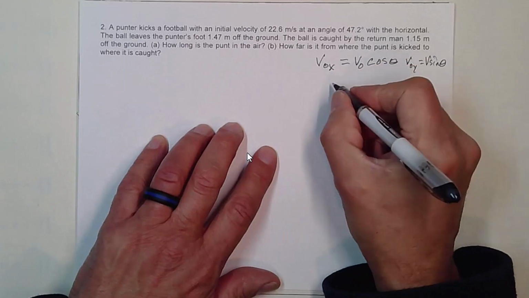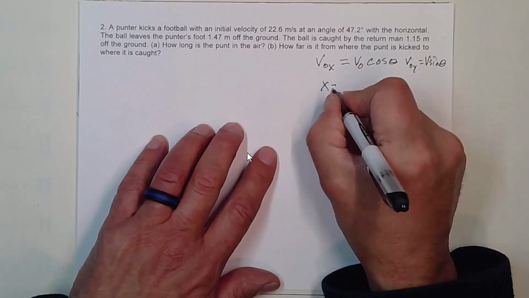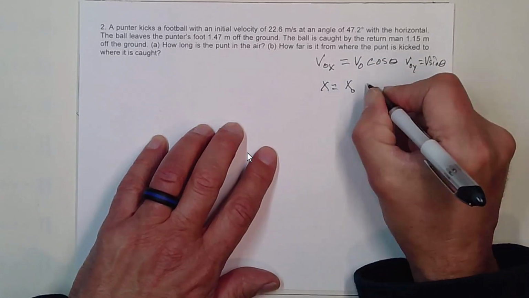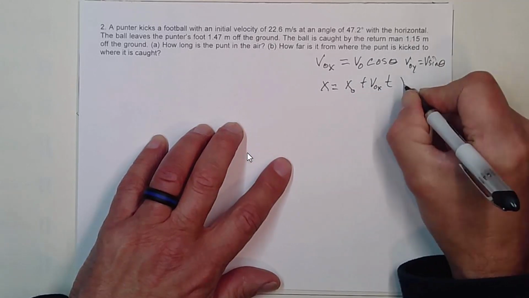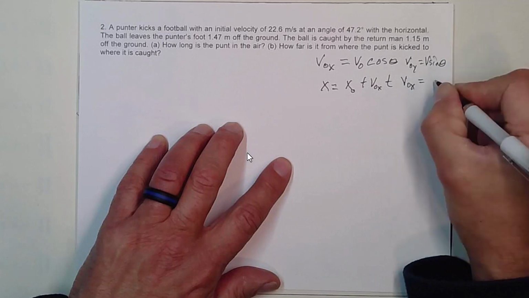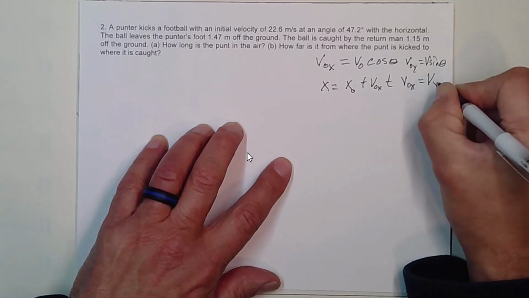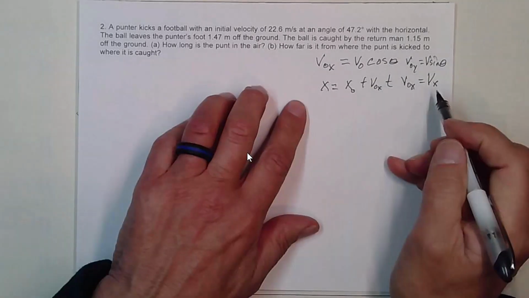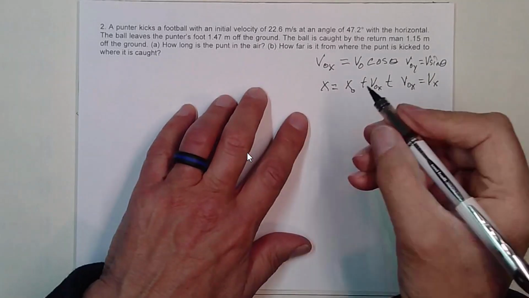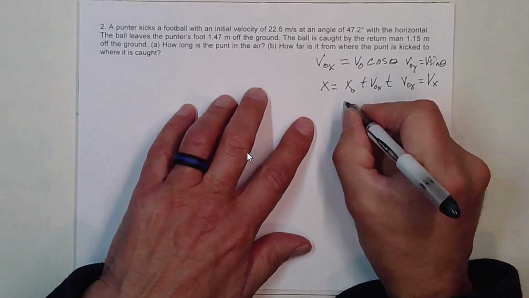We can say that x equals x naught plus v naught x t. V naught x equals v sub x all the time, it's constant. So got the x taken care of. Now the y equations I'm going to have to write on two lines.